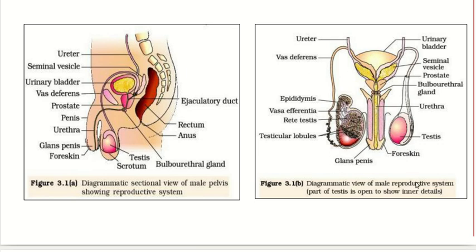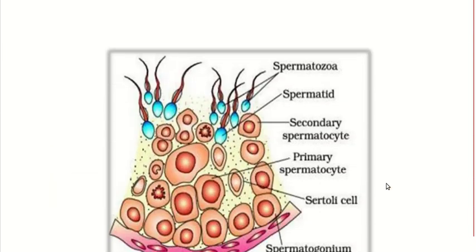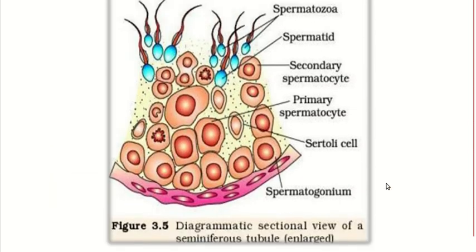So these are all the labelings that you have to draw. Majority of the time this diagram is what you have to draw, and you are going to get 5 mark questions for the diagram with 10 labelings, half mark for each labeling.